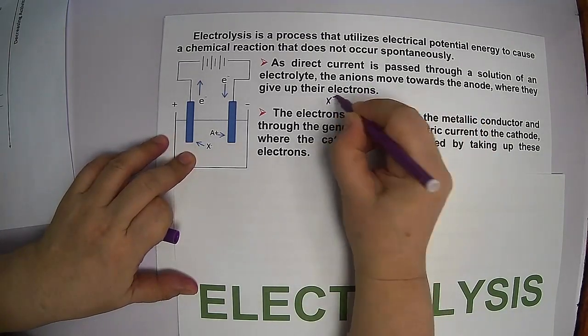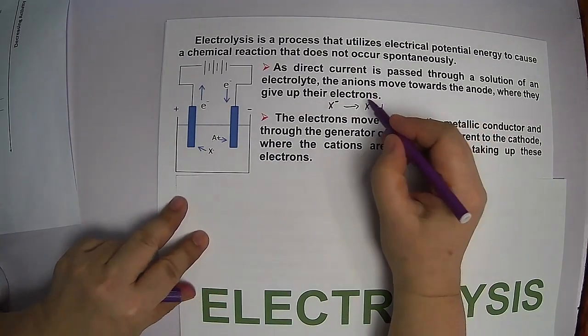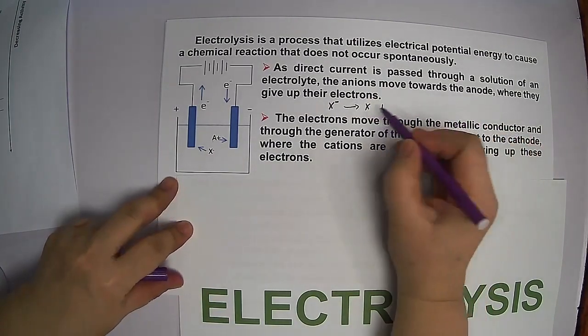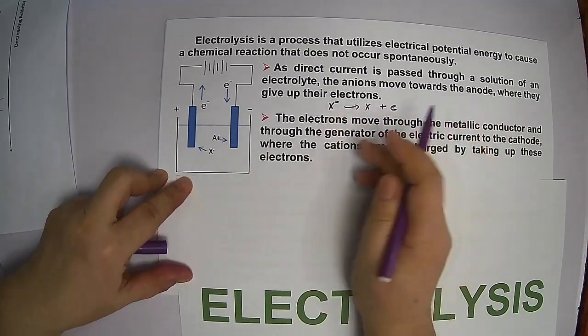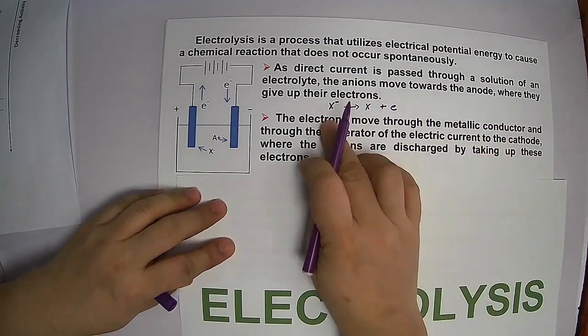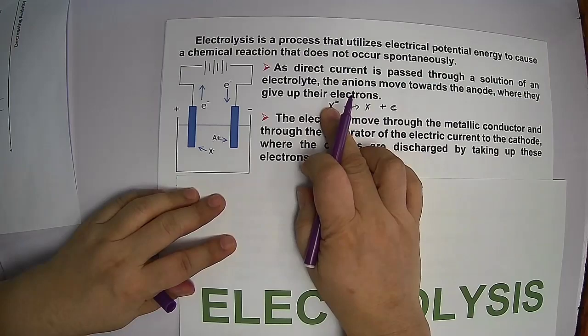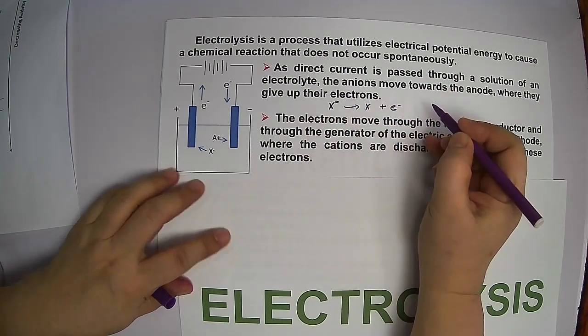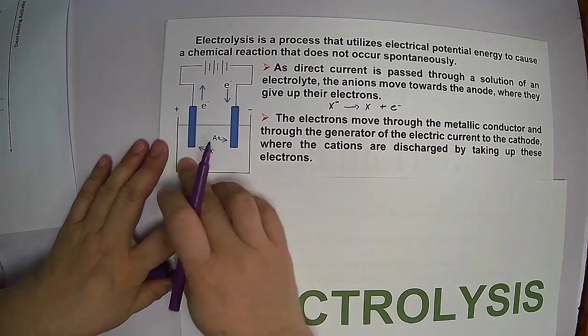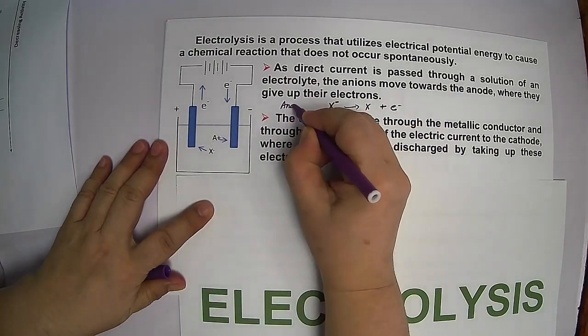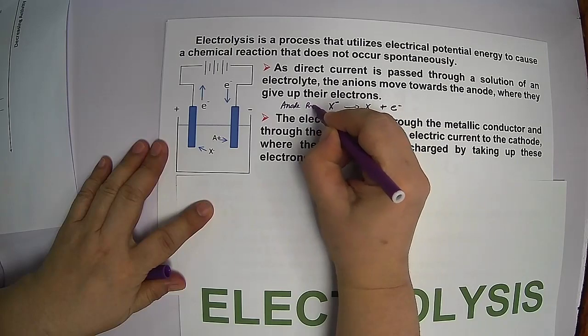The anion will lose electron depending on the magnitude of its charge, from negative to 0. That is the oxidation reaction taking place at the anode. This is your anode reaction.